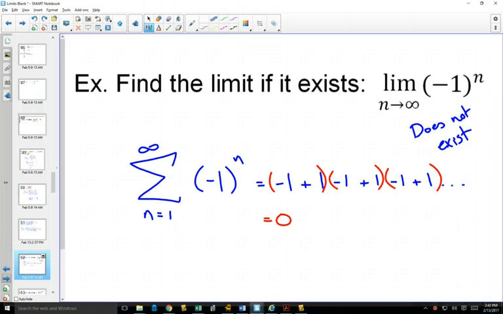And then someone else came along and said, well, I was looking at this, and I put my brackets this way. I put my brackets here and here and here forever. Then what do I get? Minus 1 plus 0 plus 0 plus 0 plus 0 plus 0. So I think this is equal to minus 1. And this is another example. This sum does not exist.